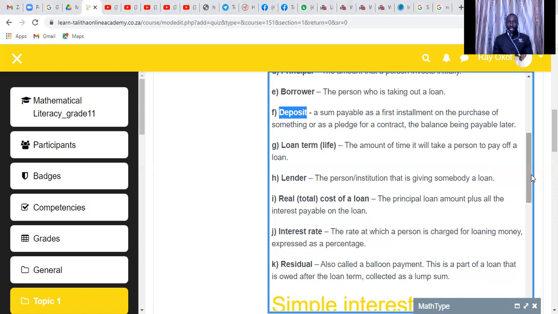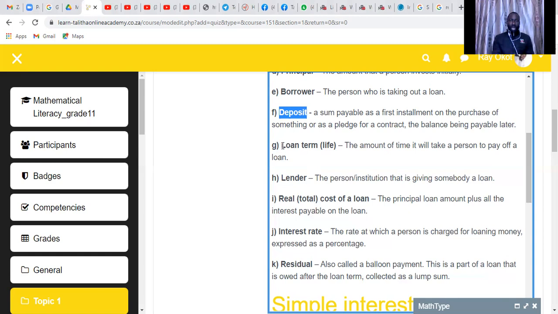Sorry for that. A sum payable as a first installment on the purchase of something or a pledge of contract. So you make the first payment as a pledge, as a commitment payment. Installment means like the first part of what you have to pay.